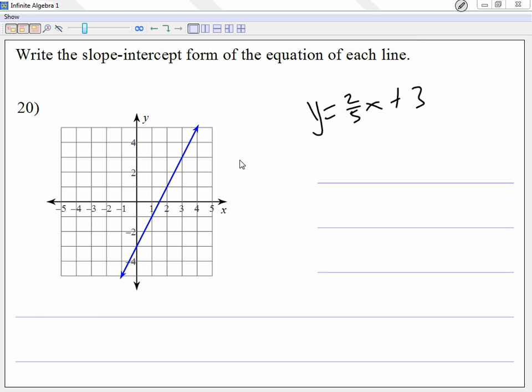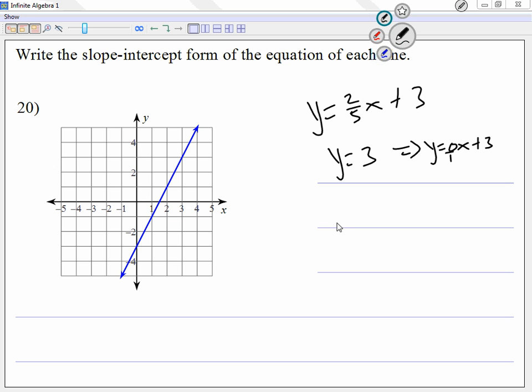I give you the equation where the y is by itself and you graph it. You notice that I can give you something like y equals 3. But now that one, you change it to y equals 0x plus 3. Remember I said if you're missing one of the terms, put it with the 0 with it. Okay, so 5 of those.